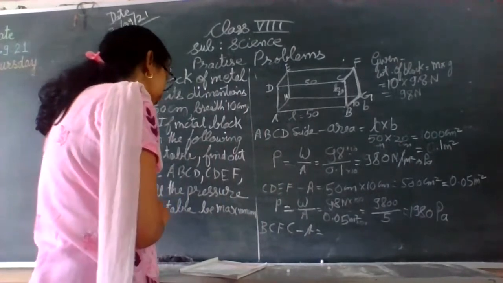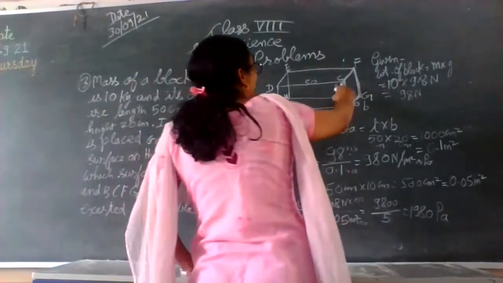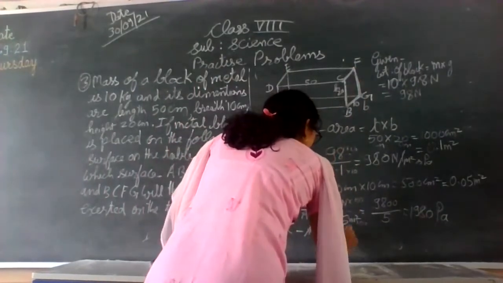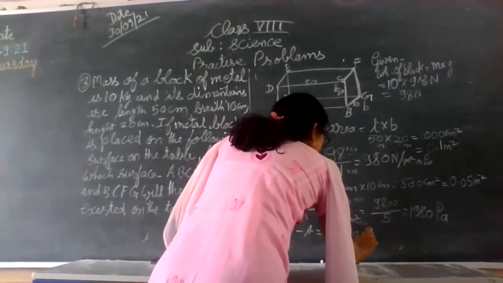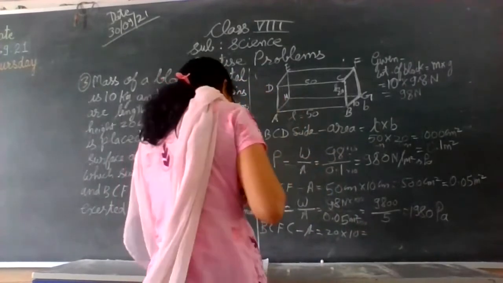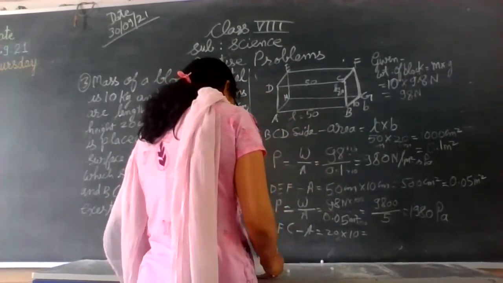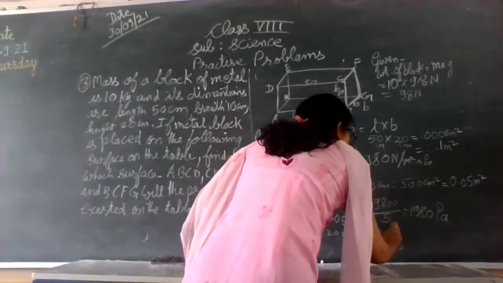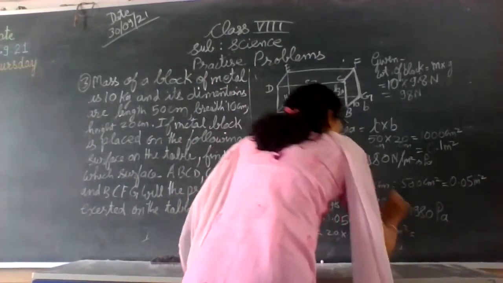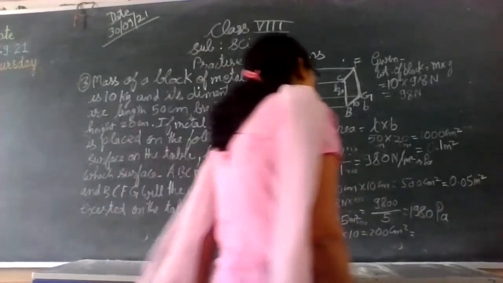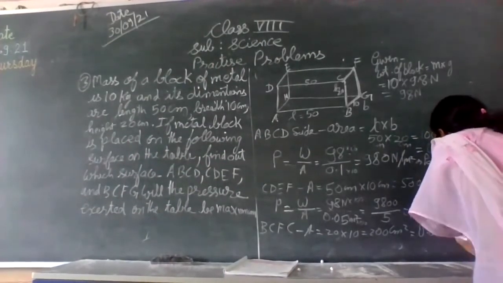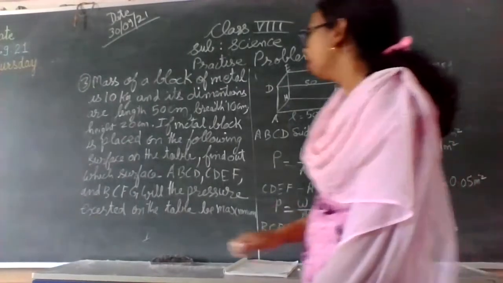How much? Length is 20 and breadth is 10. 20 into 10 centimeters square, that will come up to 200 centimeters square. When converted into meter, it will become 0.02 meter square.